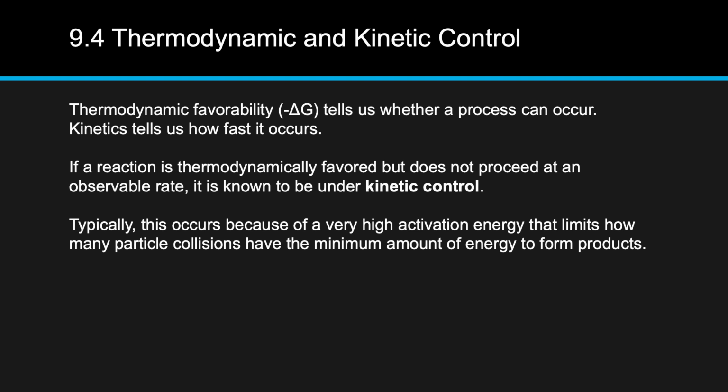It could just mean that that activation energy is so high that the collisions that actually have that minimum amount of energy are few and far between. So the actual process takes a really long time that if you were trying to measure that rate, it would be nearly impossible to define.